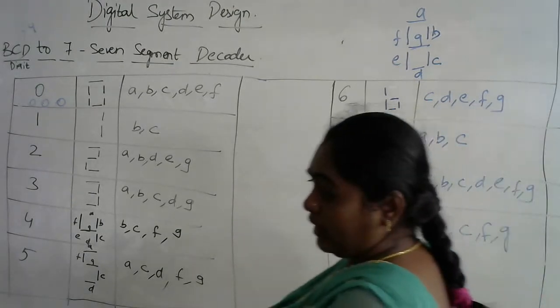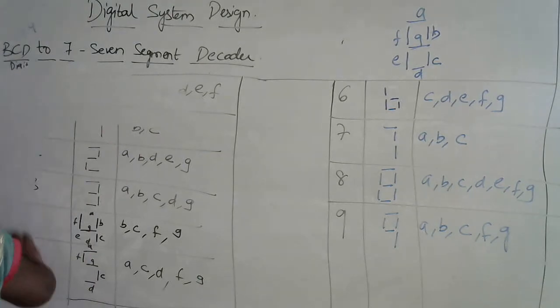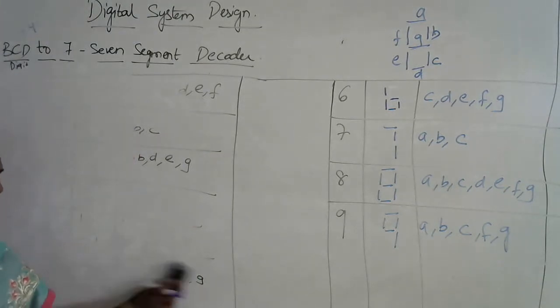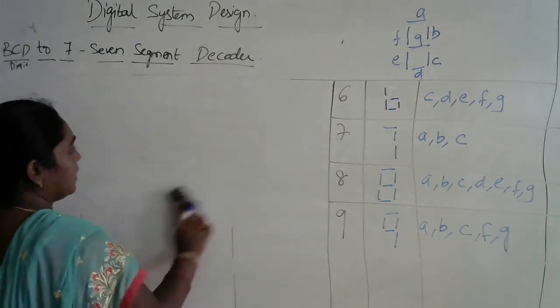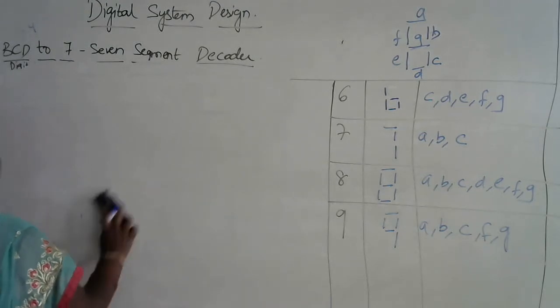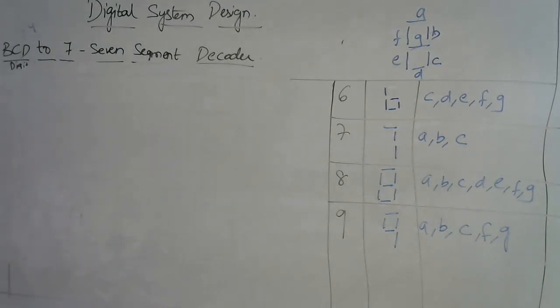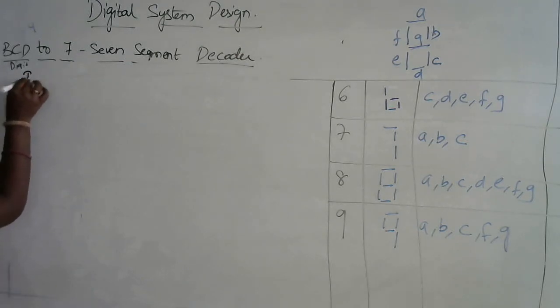So after writing in this way, the next step is we need to write down a truth table. Here I need to represent the inputs.